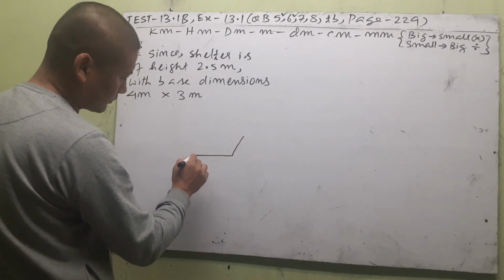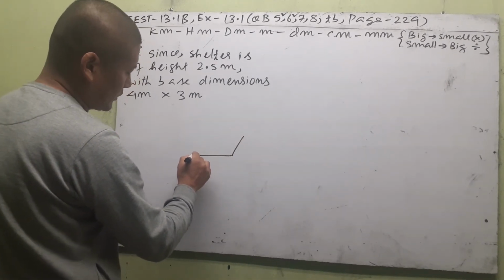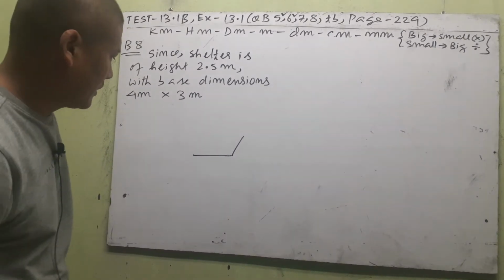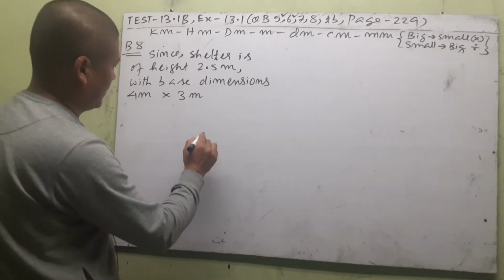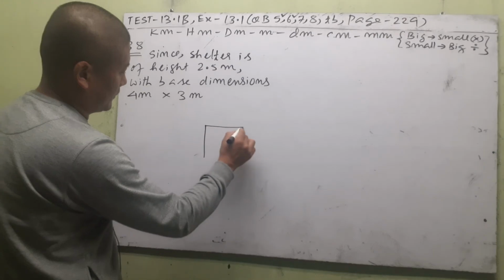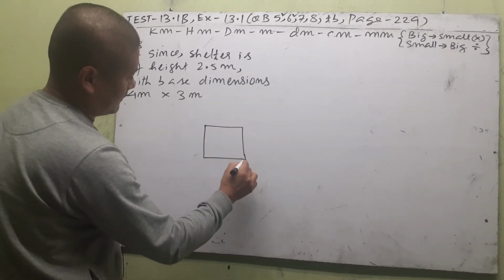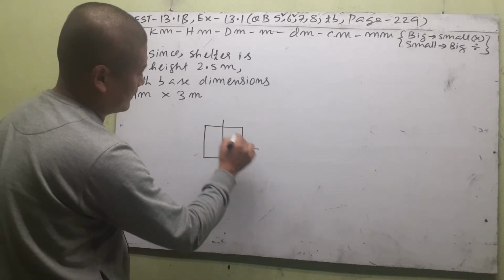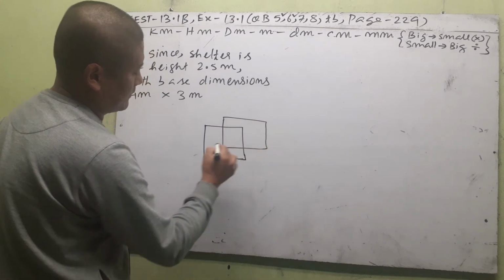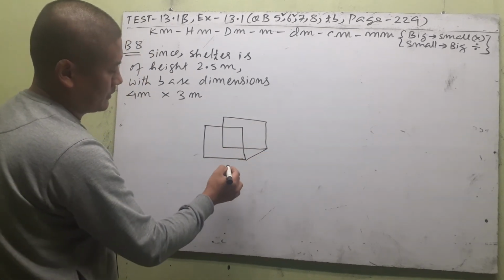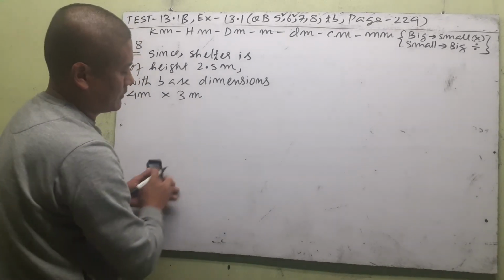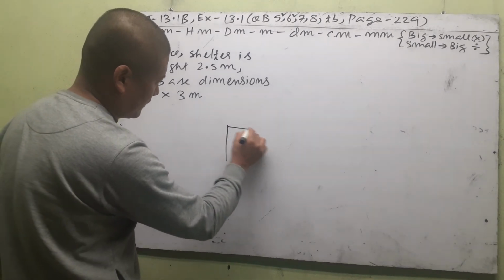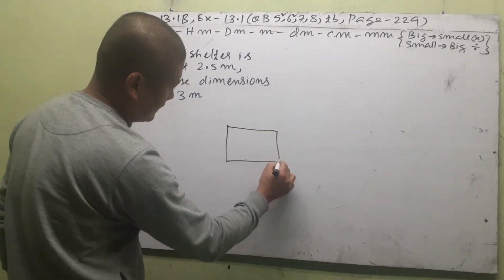So the shelter will look something like this. Therefore 4 and 3, okay, something like this, the car shelter. So let's just draw it the normal way we have been doing so far, like this.